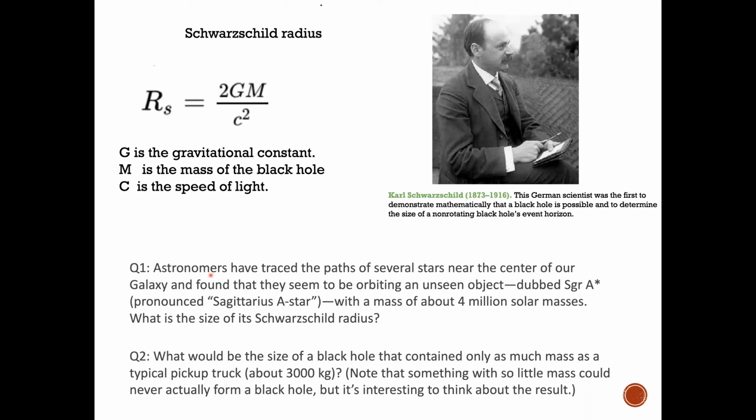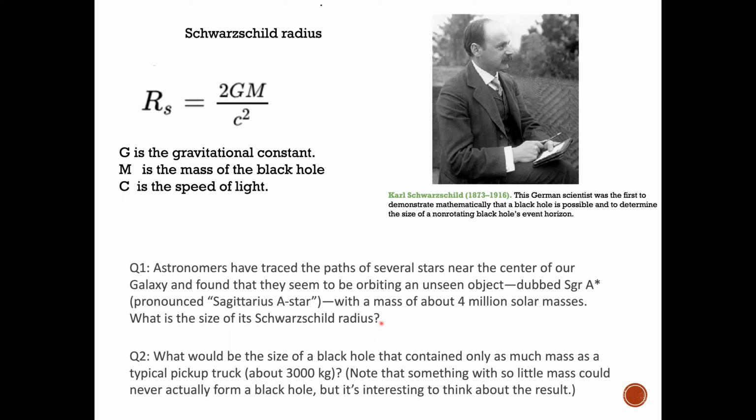So question number 1 is, astronomers have traced the path of several stars near the center of our galaxy and found that they seem to be orbiting an unseen object dubbed Sagittarius A with a mass of about 4 million solar masses. And what is the size of its Schwarzschild radius?